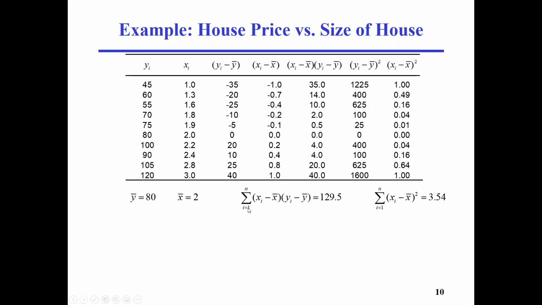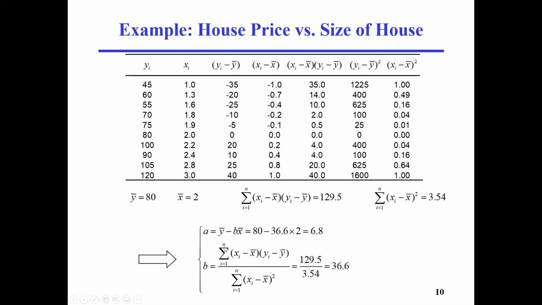We also want the sum of the products of the difference between Xi and X bar and the difference between Yi and Y bar, which is the sum of column 5. We also need the sum of squares of the difference between Xi and X bar. Once we have them, we can use the two formulas I introduced at the end of the first video to find B and A.